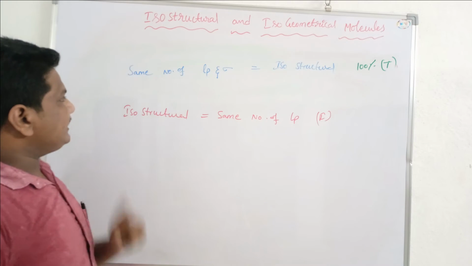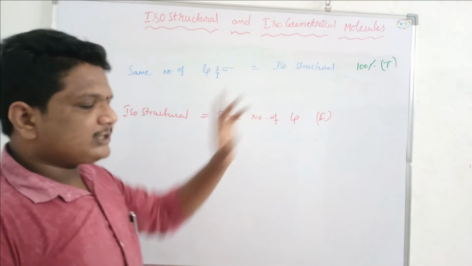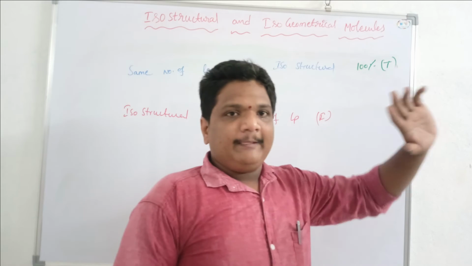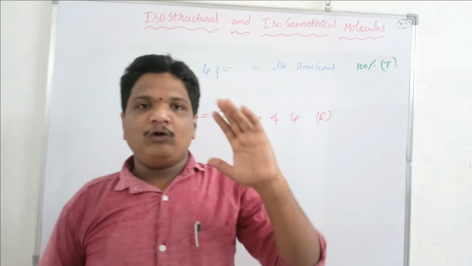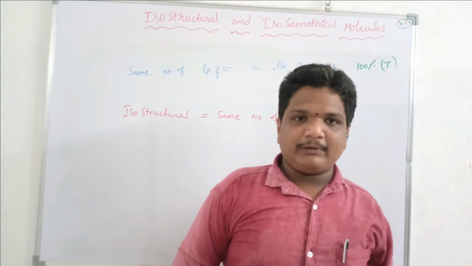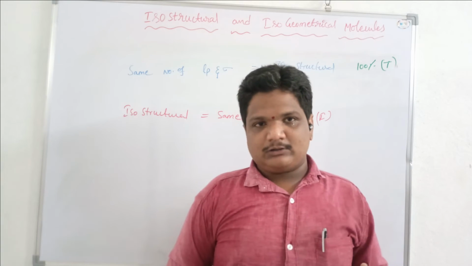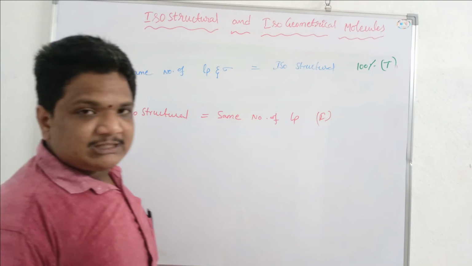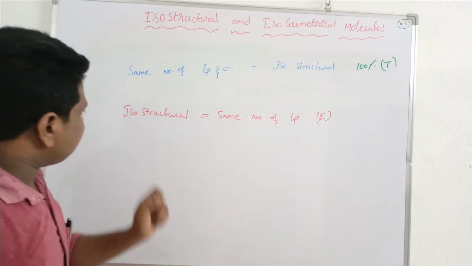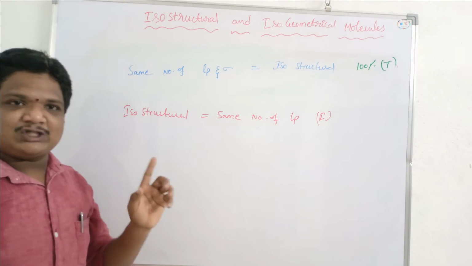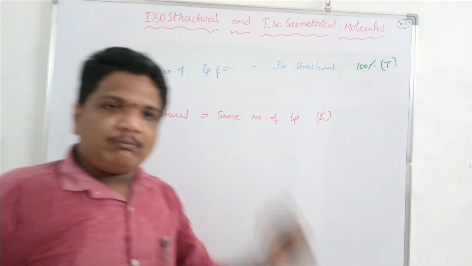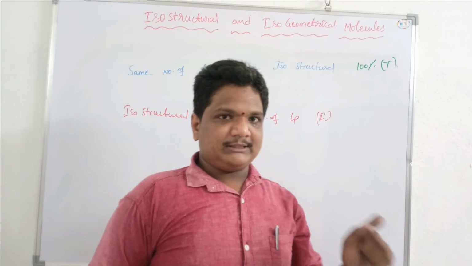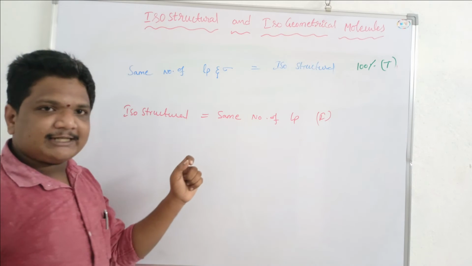In the case of isostructural species, the first statement is that they are having the same number of lone pairs as well as the same number of sigma bonds, but all the isostructural species do not contain the same number of lone pairs. You should remember this statement.